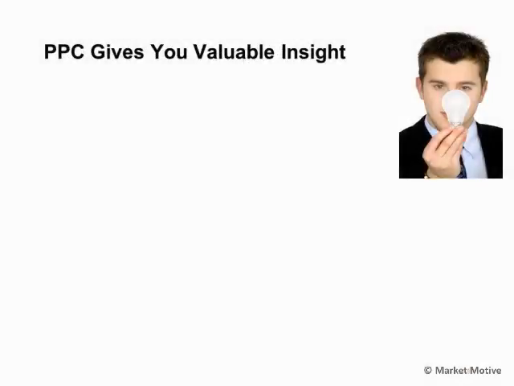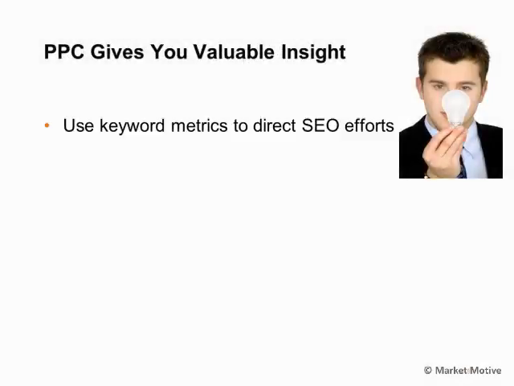PPC also gives you other valuable insights. You can use keyword metrics to direct your search engine optimization efforts. Often with SEO, you choose some words, you spend a few months attempting to rank for those words, and the worst case scenario is you finally rank for them and they don't lead to customer interaction and sales on your site.